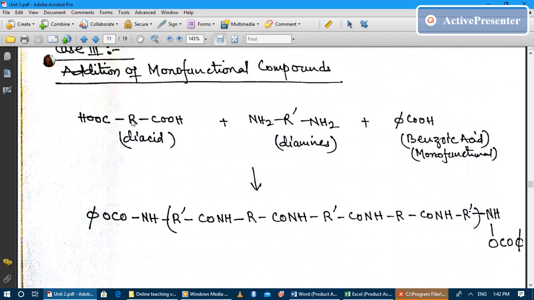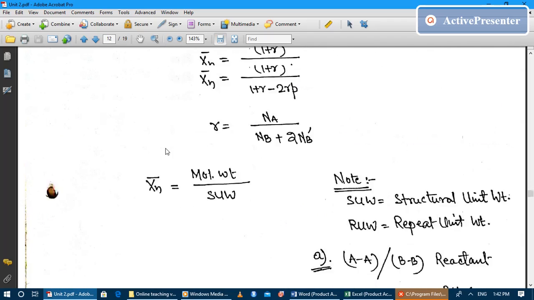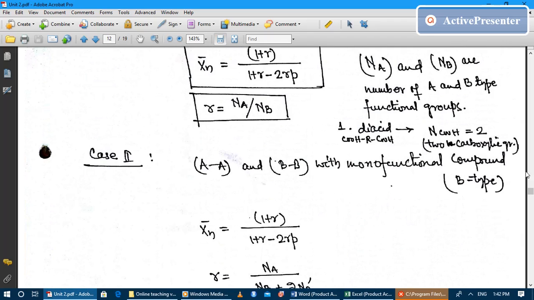Here we have diacid, diamine and benzoic acid. The functional group attached to the benzoic acid, COOH, is the same as the functional group present in the diacid. So in this case the BB type is the diacid, and the B type monofunctional compound you can consider benzoic acid or any other low molecular weight acid.